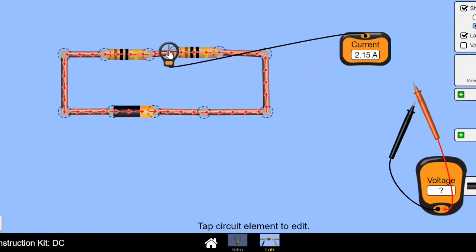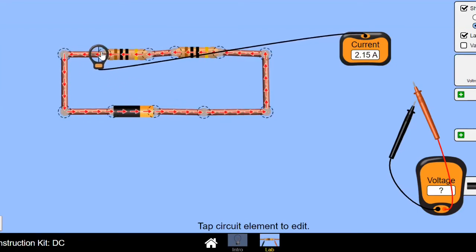Right now the current going through resistor number 2, I want to see if it's equal. So current going in resistor number 2 is 2.15. Current going out 2.15. So we see I1 equal I2 equal I total.